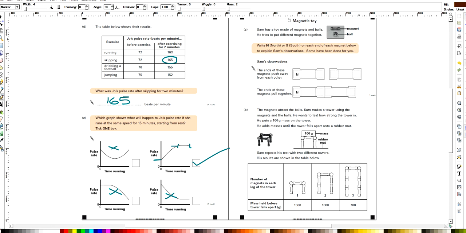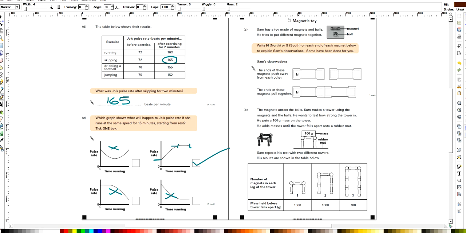Okay, the next question, question number 5, magnetic toy. Sam has a toy made of magnets and balls. He tries to put different magnets together. Write N for north or S for south on each of the magnets below to explain Sam's observation. Some have been done for you. The ends of these magnets push away.